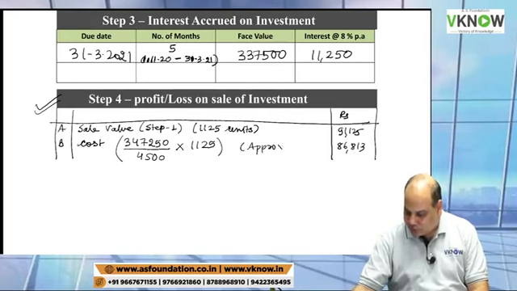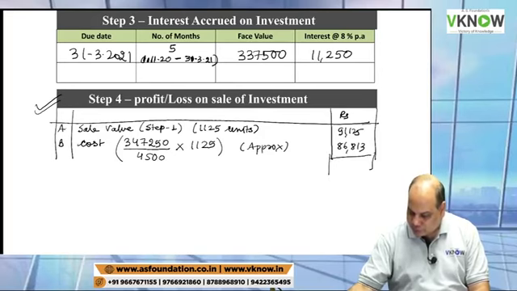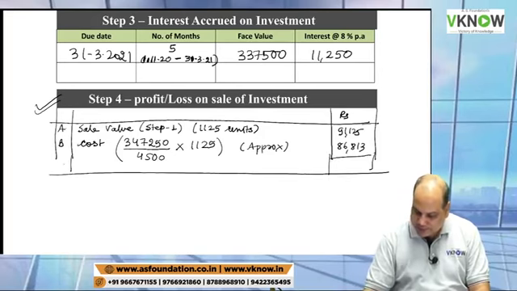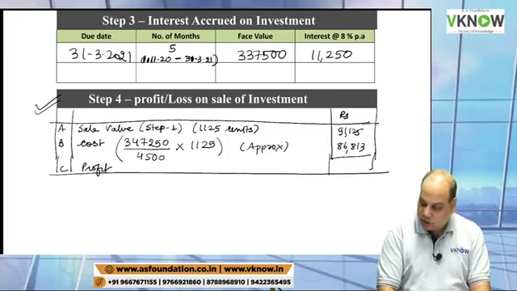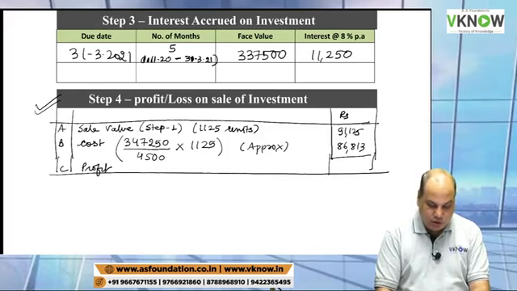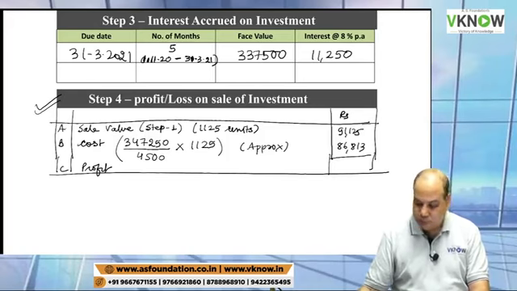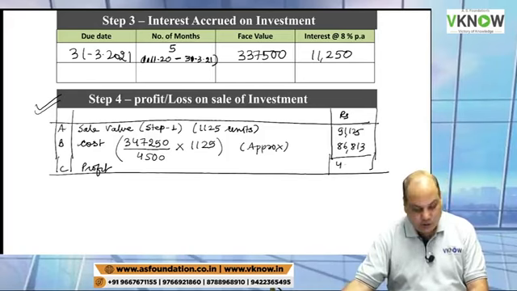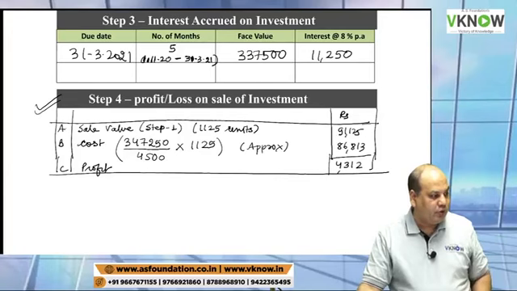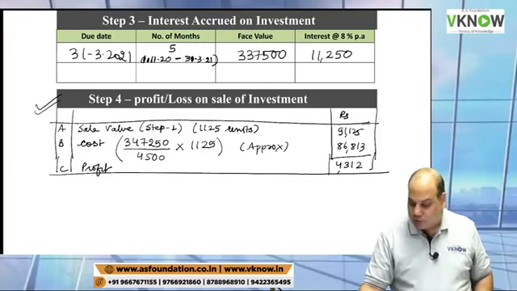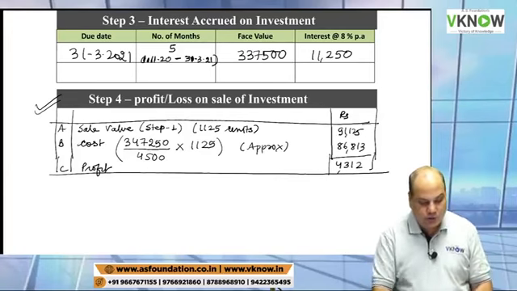Don't fight for 1 rupee or 2 rupees. So this is my profit. Take the difference: 91125 minus 86813 gives 4312. Profit on sale of investment is 4312.